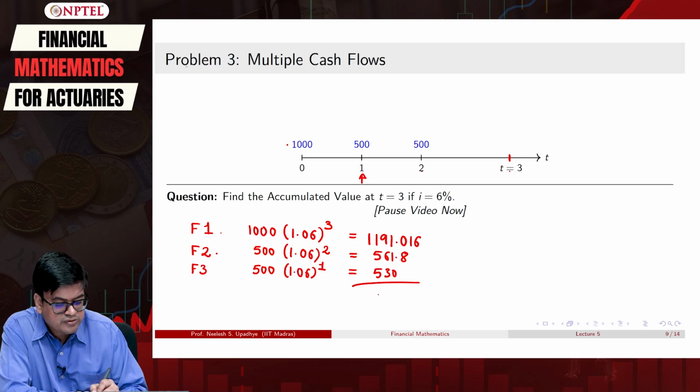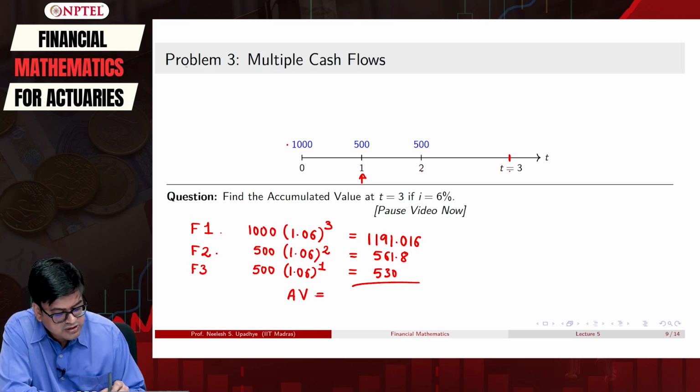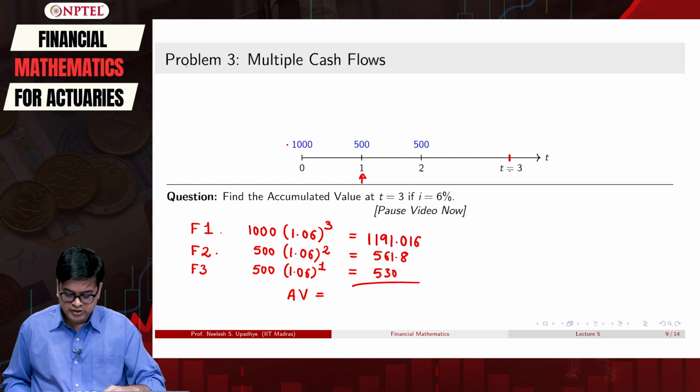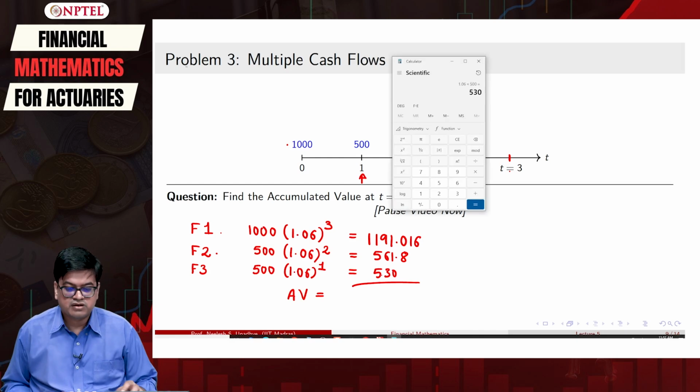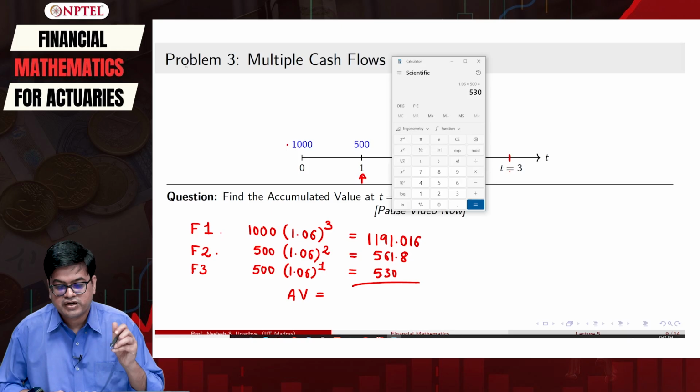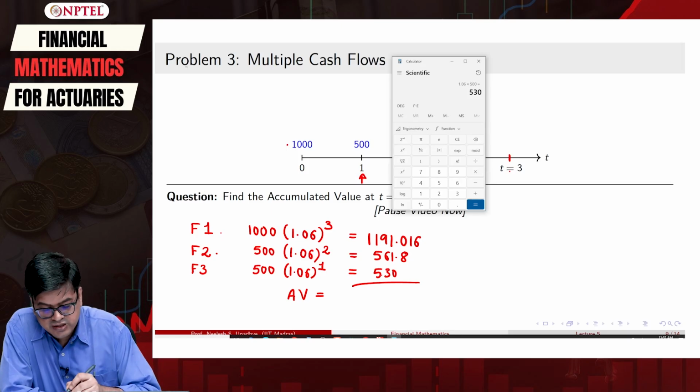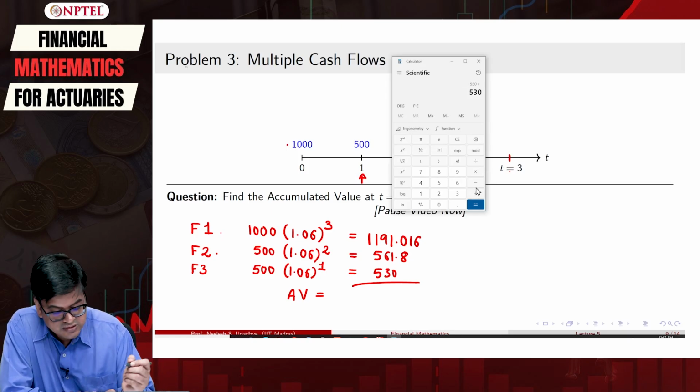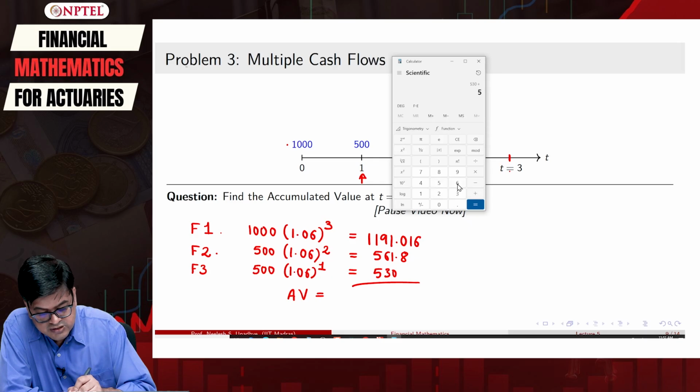So now what I need to do, if I want to compute the accumulated value of this, I need to sum over all of them. So let us do that summing with the calculator, where I have 530 plus 561.8.